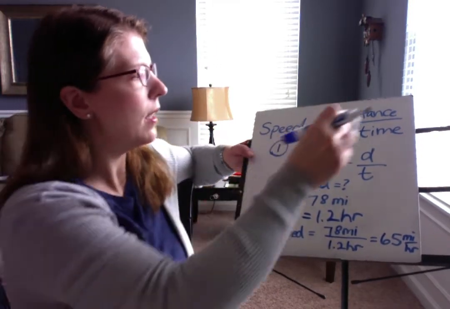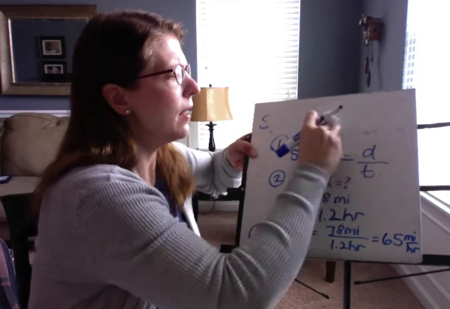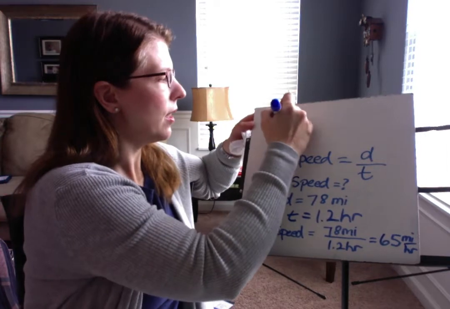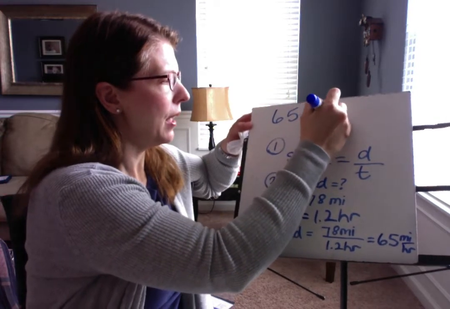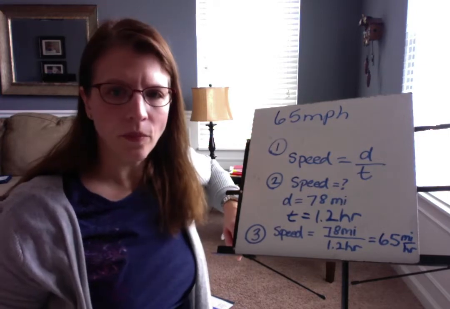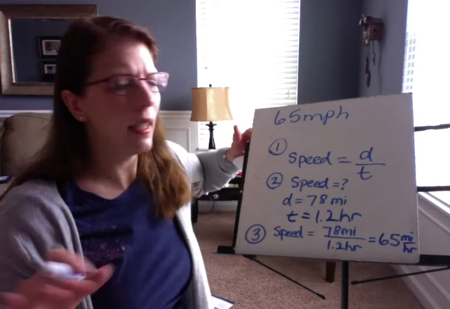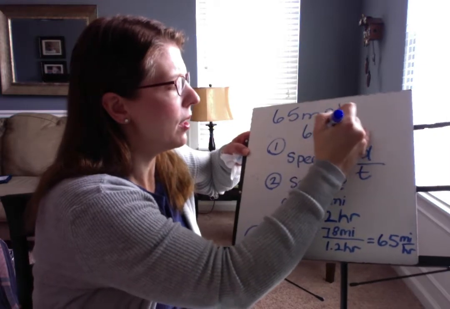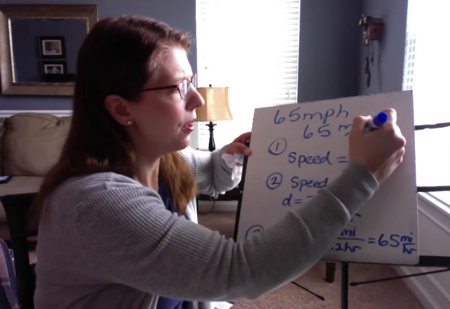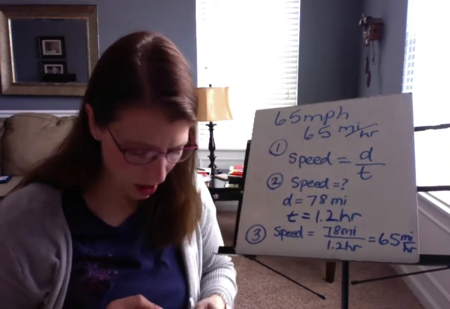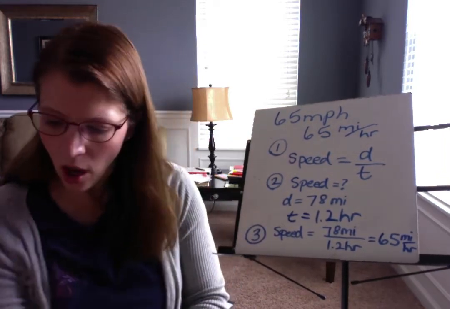Now in daily life, we write that MPH, 65 MPH, miles per hour. But in a physics concept, to keep it consistent, we would write miles per hour as a fraction.